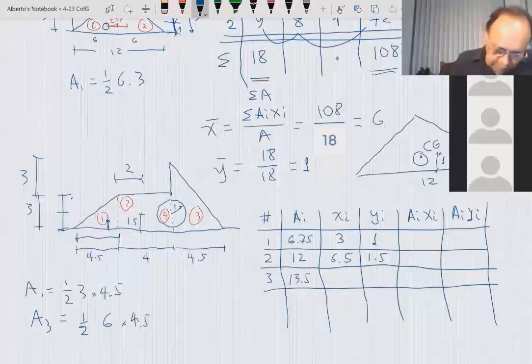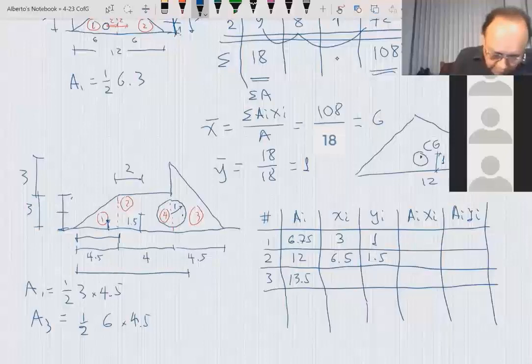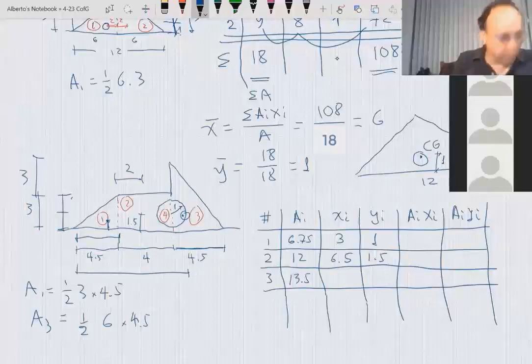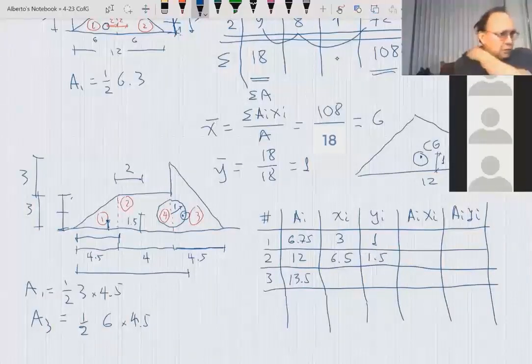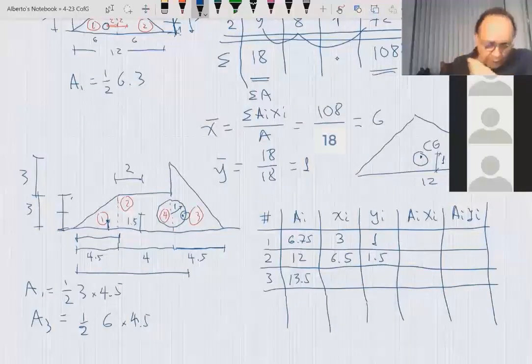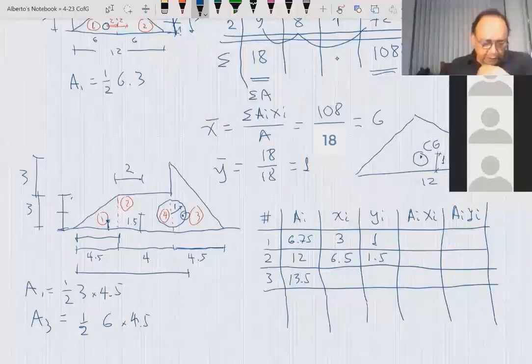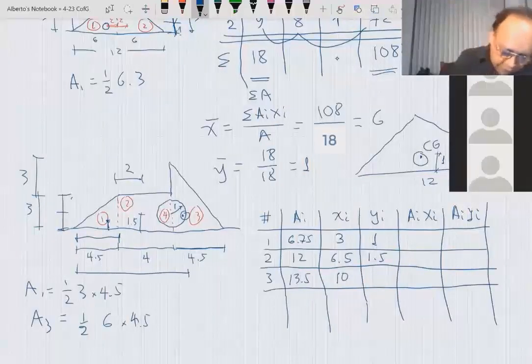Then the horizontal coordinate of the centroid is 1/3 of 4.5, which is 1.5, plus 8.5, that's 10. And the height is 1/3 of 6, which is 2.